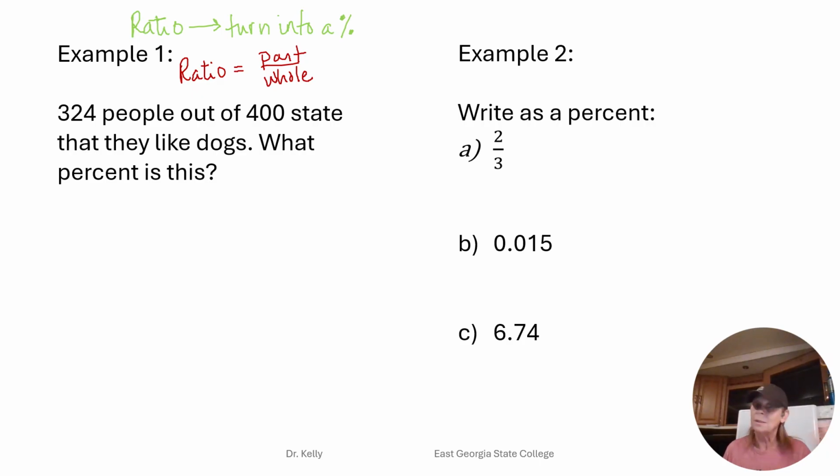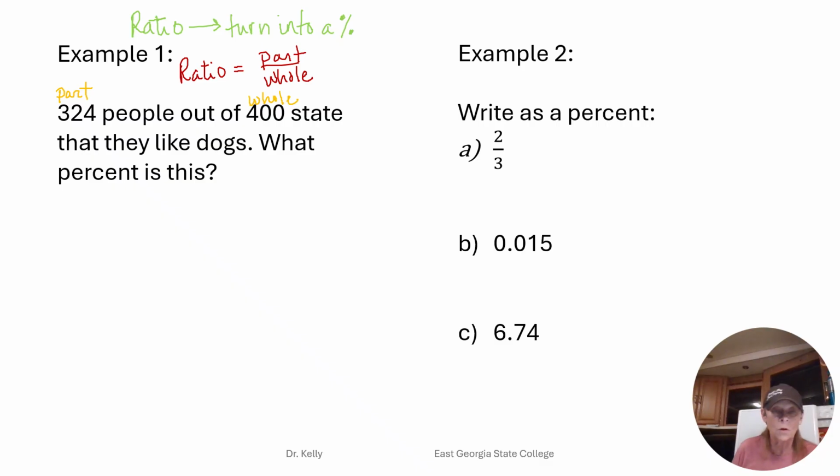It's literally the part counted over the whole. In this word problem, 324 people out of 400 state that they like dogs. What percentage is this? The 324 is our part and our 400 is our whole, right?